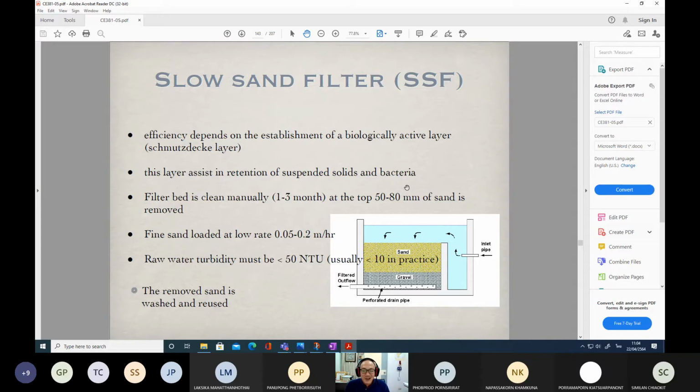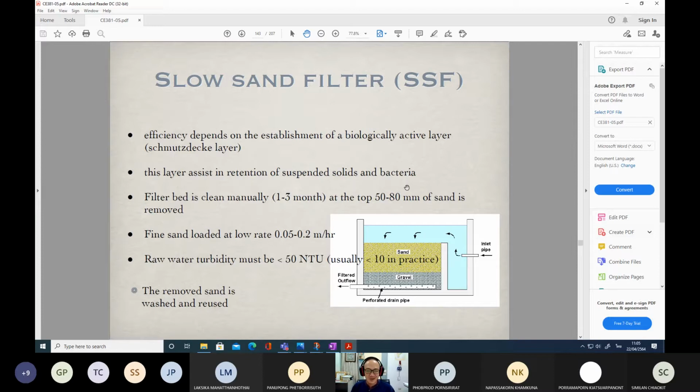If you use a smaller size, your filter becomes a slow sand filter. If you use a bigger media size, your filter becomes a rapid sand filter. But for slow sand filters, as the filtration rate gets slower, some other effects or phenomena will occur. Removal mechanisms will be something different from the rapid sand filters.